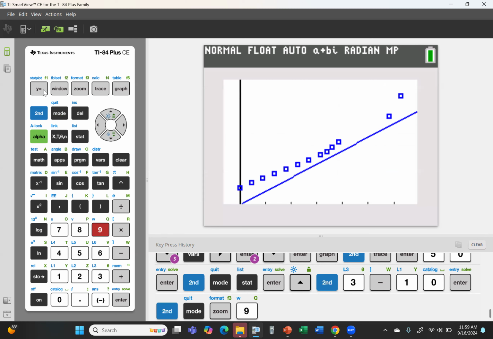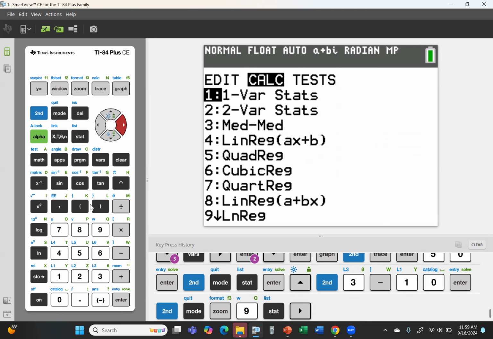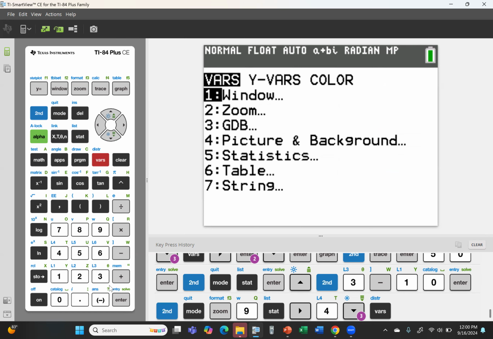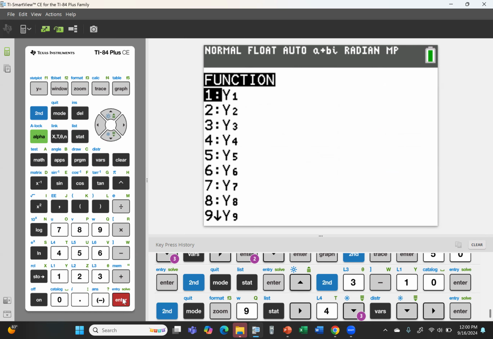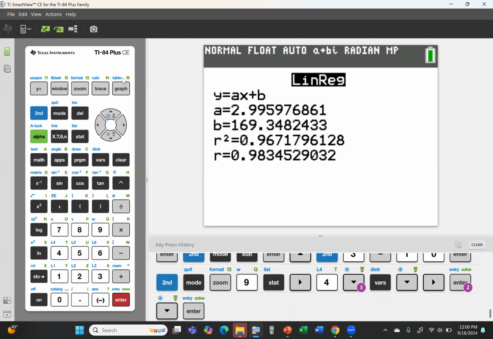I'm going to redefine the regression equation. Variables, Y variables, function number 1. And graph.